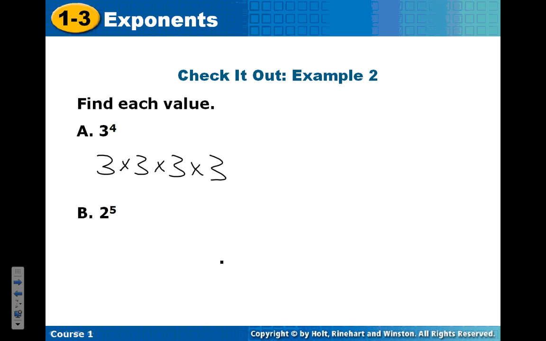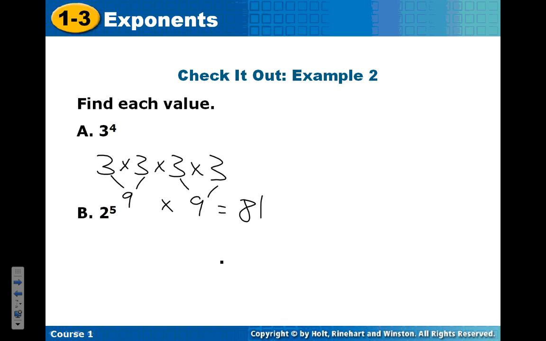Before we've just worked this out where we've gone 3 times 3 times 3 times 3. We go 3 times 3 is 9, times 3 is 27, then you got to try and do 27 times 3. What is 3 times 3? We know this, right? 9. What's 3 times 3? Do you guys know what 9 times 9 is? 81.